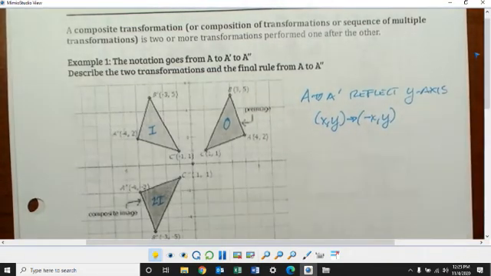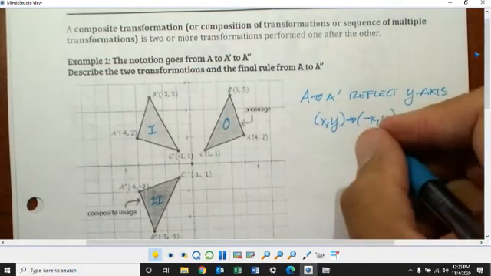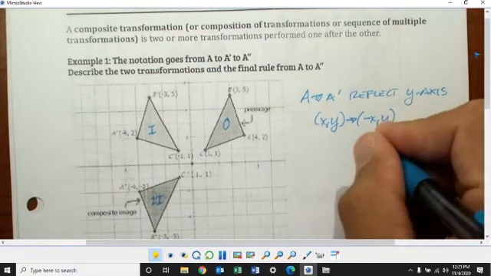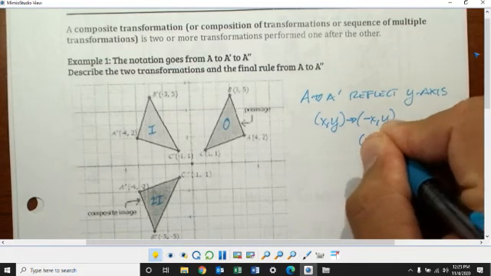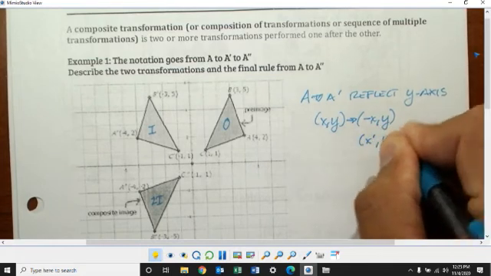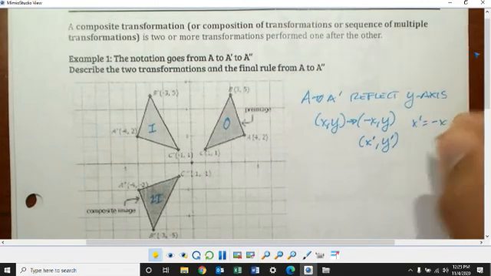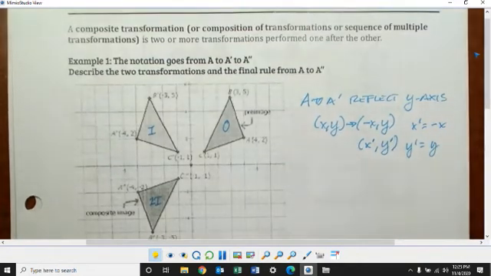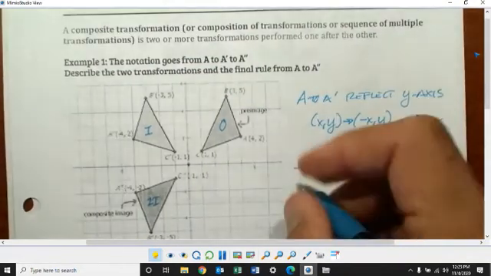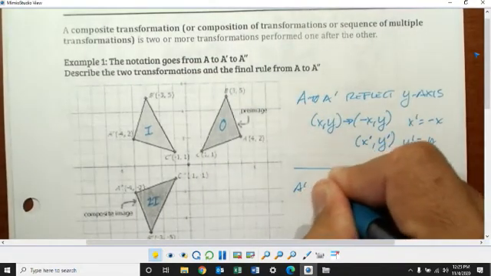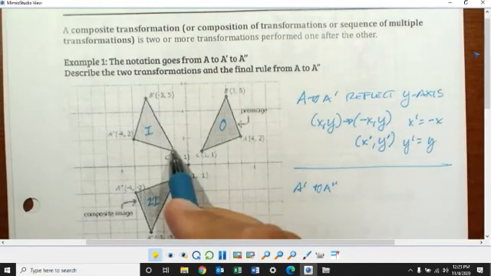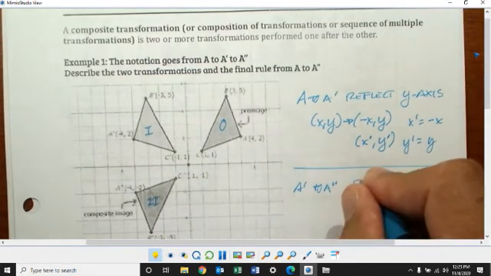Now, the way that we do that is we say this negative x, y is what we're going to call x prime, y prime. So x prime equals negative x, y prime equals y. Now, our second transformation, from A prime to A double prime, looks like we're just reflecting across the x-axis.